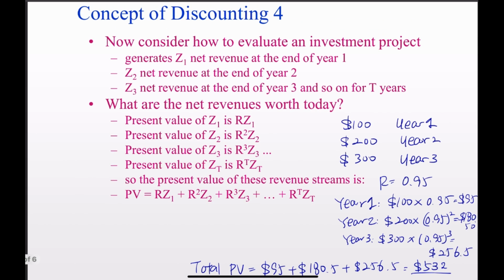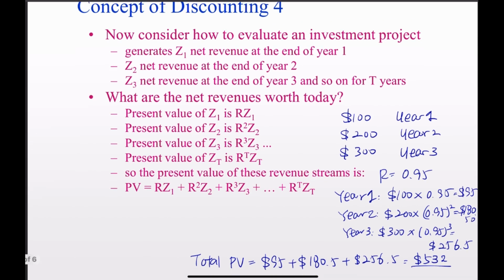So in general, let's say net revenue at the end of year 1 is π1, net revenue at the end of year 2 is π2, net revenue at the end of year 3 is π3, and so on. So we'll think about T years.